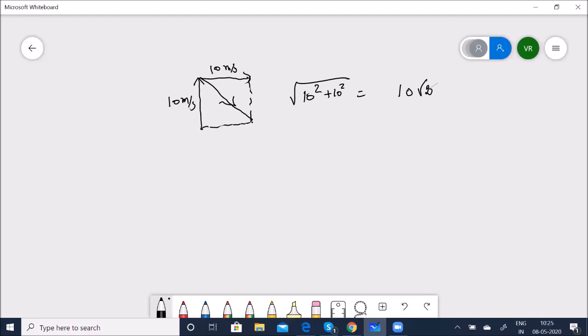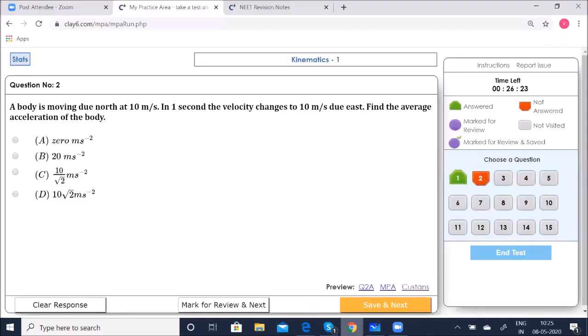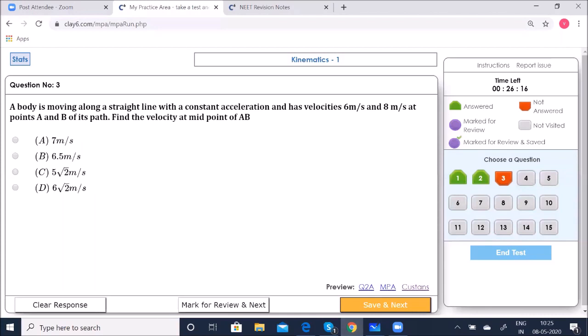Now you know the average acceleration is nothing but average velocity by average time taken. So that is going to be 10 root 2 and the time taken given is 1, which is equal to 10 meters per second squared. Okay, that was quite simple. So let's see which option. D option is correct. Okay, now save and go to the next question.